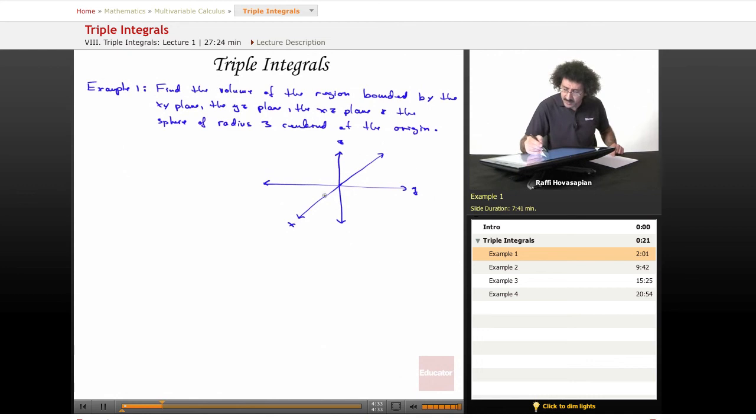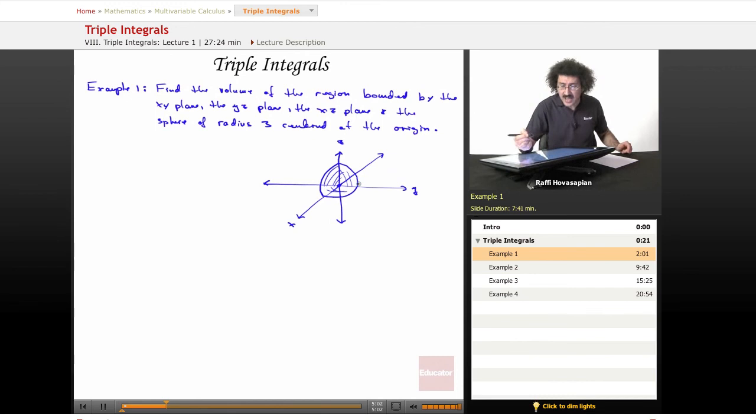So I'm bounded from below, from this side, and I'm bounded by the sphere of radius 3. Well, from the origin, if I have a sphere of radius 3, I'm going to have that, and then that, and then that. So basically, it's the portion of the sphere only in the first octant of 3-dimensional space. That's my particular region.